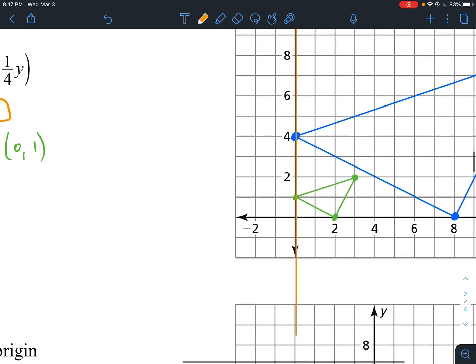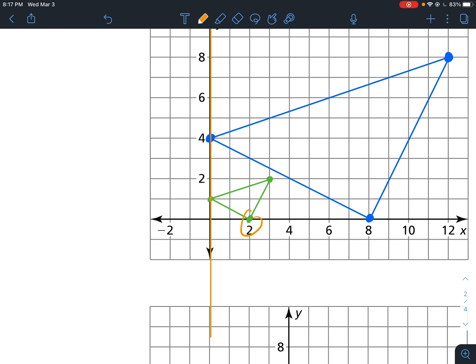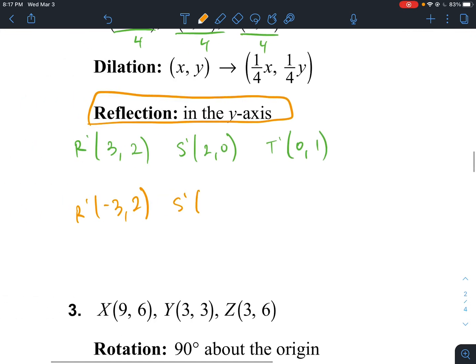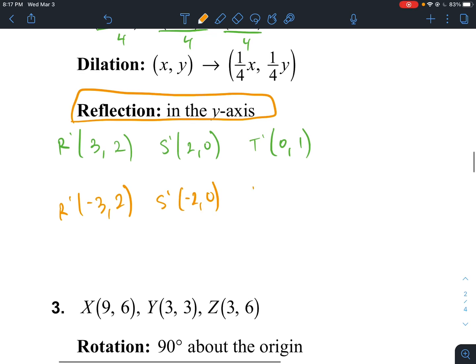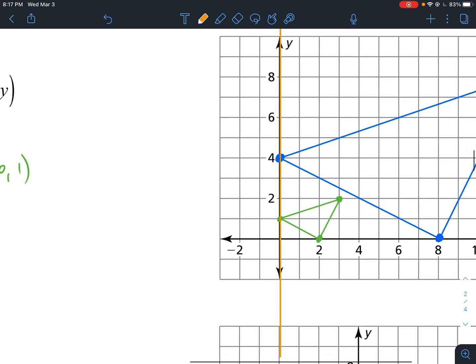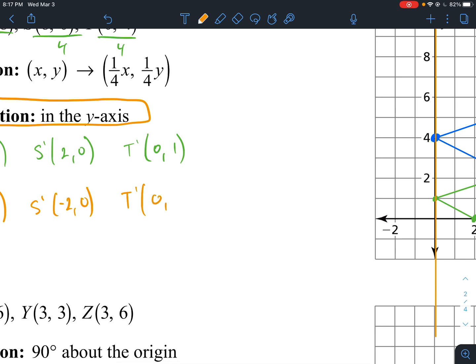S prime, which is right here, is 2 points over, so now it's going to be negative 2, 2 points to the left. T prime is on this mirror line, so its point doesn't change.